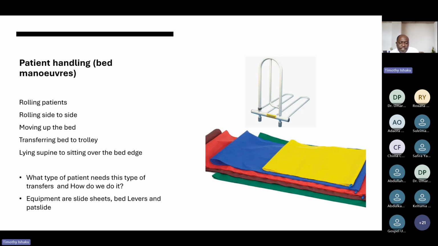Or if you are facing the patient, you just take a step forward and backward, so that you avoid twisting your back or bending too much. So all those things matter, but we will consider it in the practical sessions. But just for those who can't make the practical session, the direction of movement of the slide sheets matters when you are moving the patient.